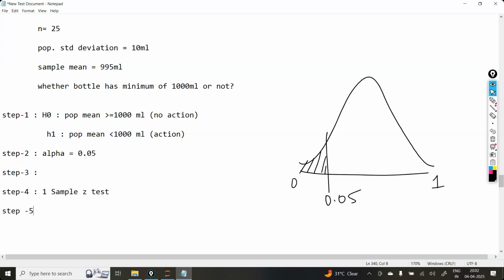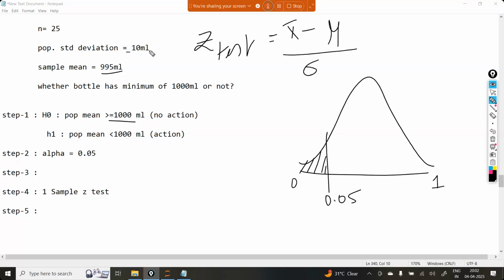What is step 5? Apply the test. Apply the test means substitute and tell me what the test statistic value is. You have all the values now. What values are required for the test statistic? X bar is 995. Mu is 1000 here. Divided by sigma, which is 10, times square root of 25.